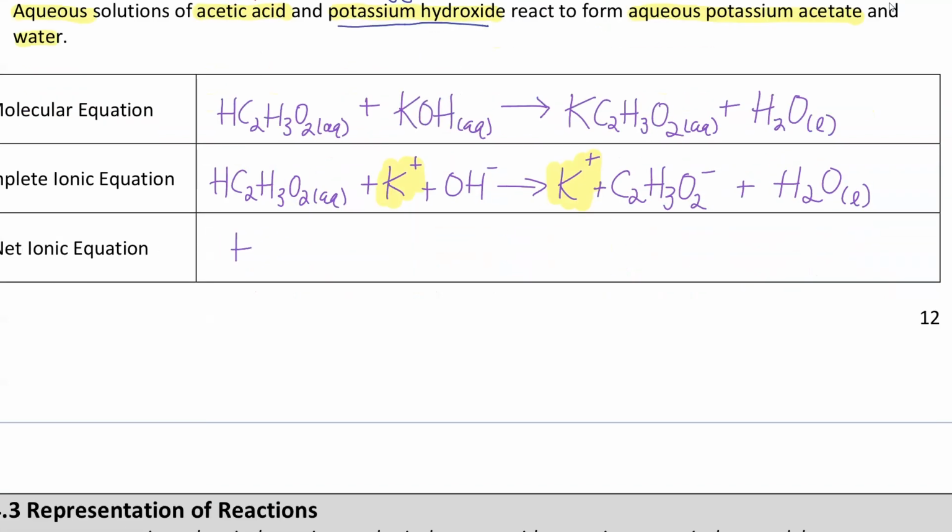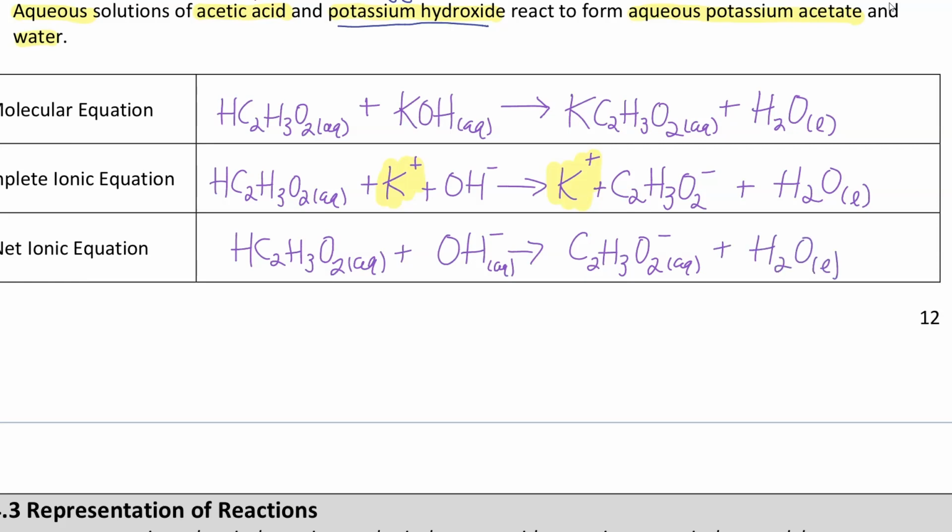So we're going to get HC2H3O2, our acetic acid, plus the hydroxide, which will be aqueous. I should throw that in there. Will give us the acetate ion. And then liquid water.